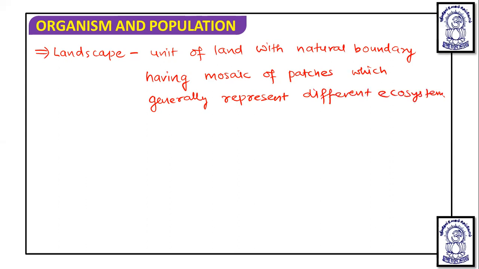So different ecosystems, like terrestrial and aquatic, combinedly form a landscape.